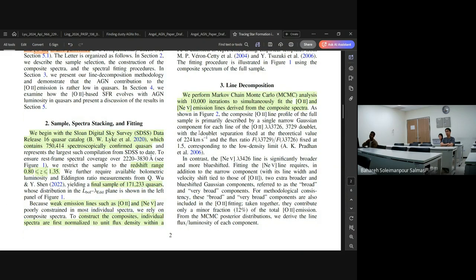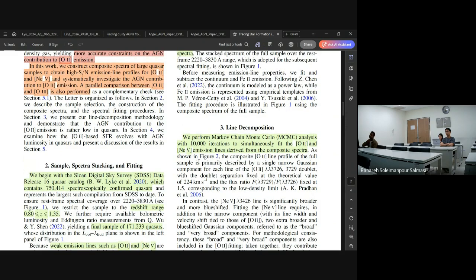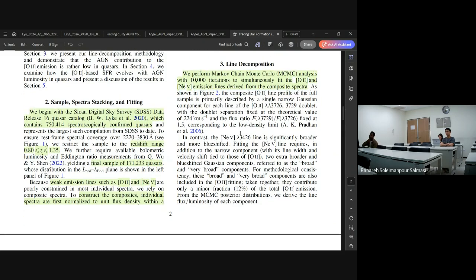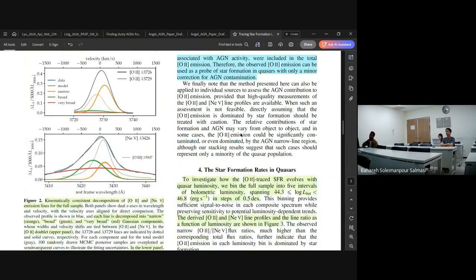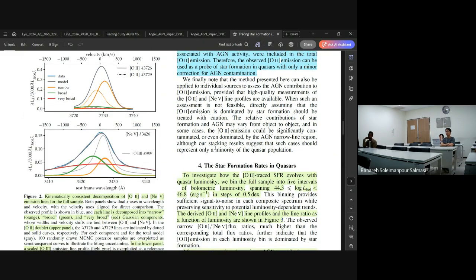One of the things these people do differently, because this has been done before, is that they use Markov chain Monte Carlo analysis to separate the components of their emission lines. They separate the narrow component, broad component, and very broad component of these emission lines.